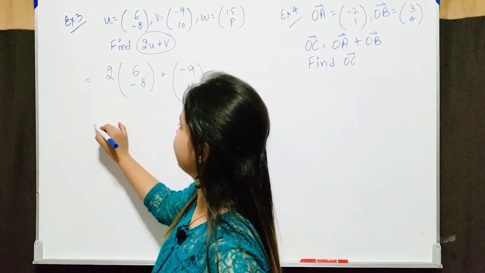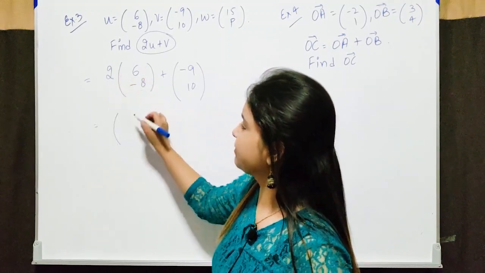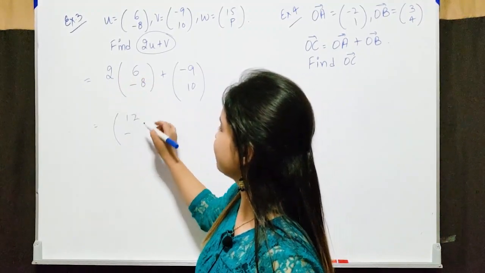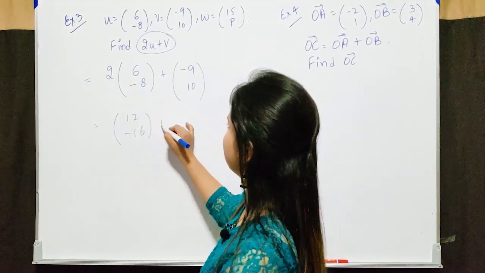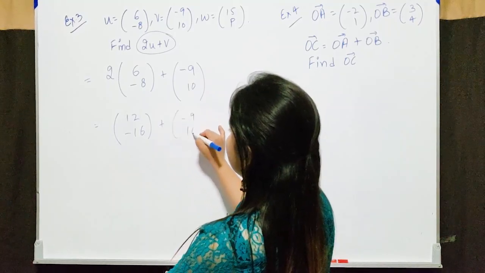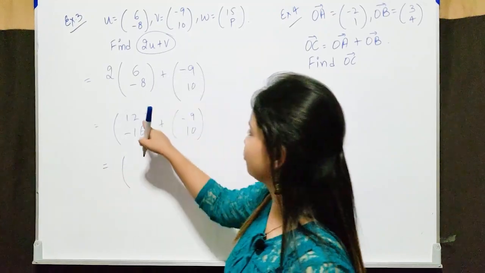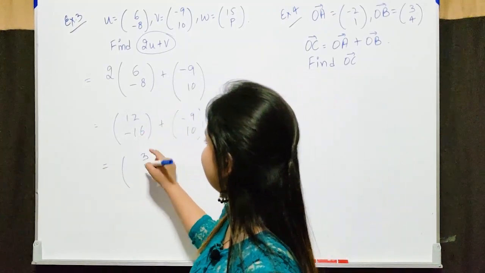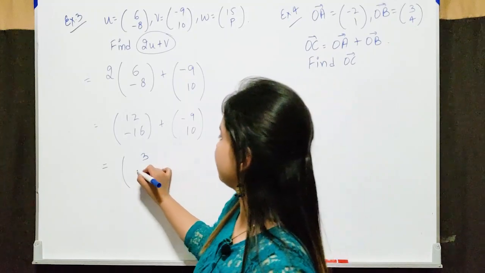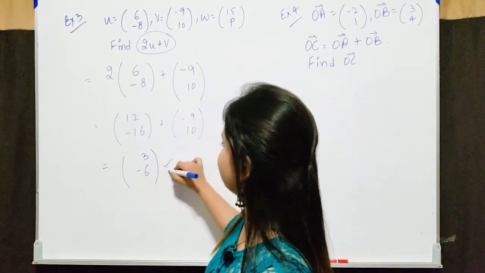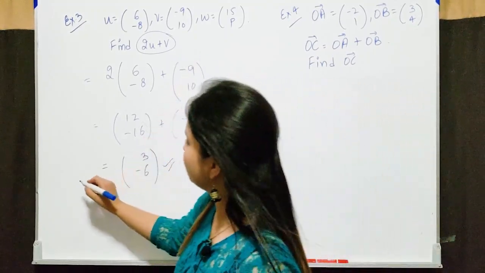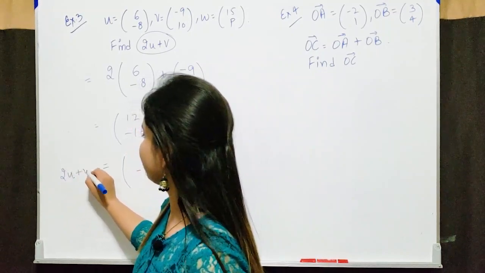This will be equal to 2 times 6, 2 times minus 8 plus (-9, 10). This will be equal to 12 minus 9 is 3, minus 16 plus 10 is minus 6. So this is your 2u plus v.